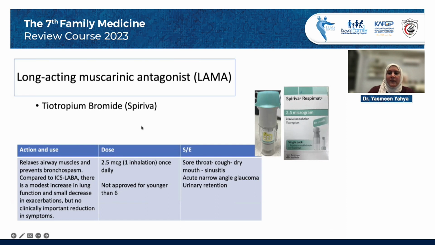And lately, we had the introduction of tiotropium, which is a long-acting muscarinic antagonist. It relaxes the airway muscles and prevents bronchospasm. This is the dose that we have in primary care. It's given as 1 inhalation per day.